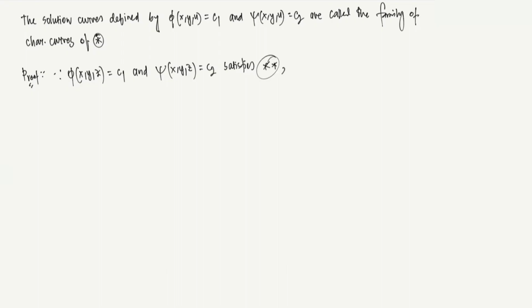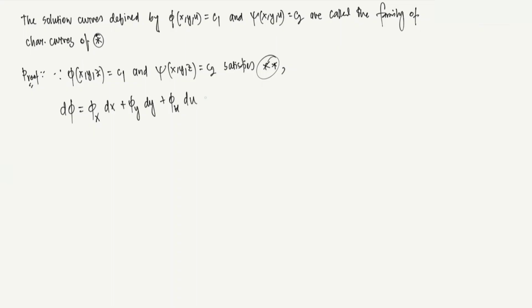So what do we have? You see, d phi, the differential of phi. If you remember your several variable course, it is phi of x dx plus phi of y dy plus phi of z dz. Phi of z we are writing as u, so it is phi of u du.